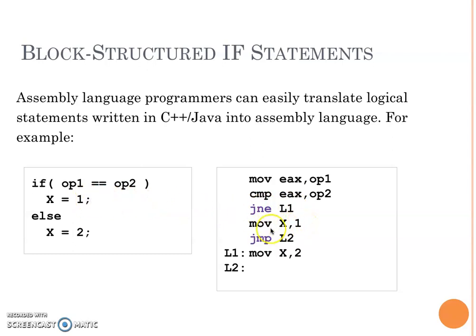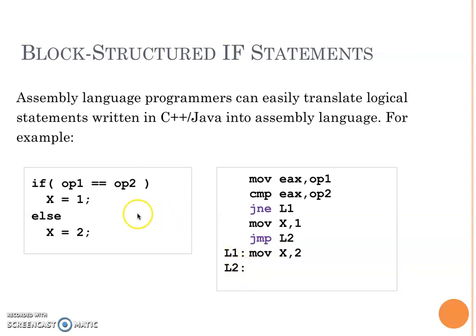But we need to be careful. Even though we just moved x equal to 1, the next line would actually come to L1. Should I do the L1 again? No. So after you move x equal to 1, you can use the unconditional jump to jump over the code block after L1. That will be L2.